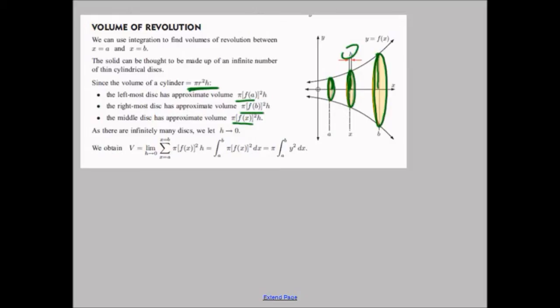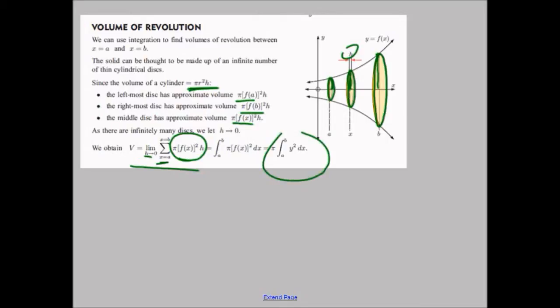Here's our formula: as h approaches 0, in other words, we want each disk to be as small as we can possibly make it. Of course, it can't be 0 width, but as small as we possibly can. The sum from a to b of everything in here. So our integral looks like this.